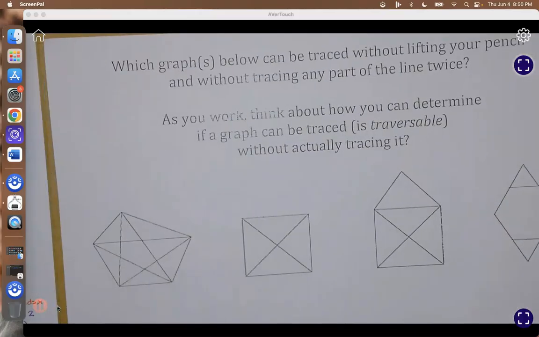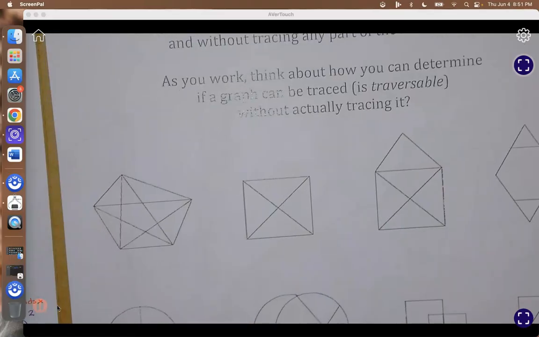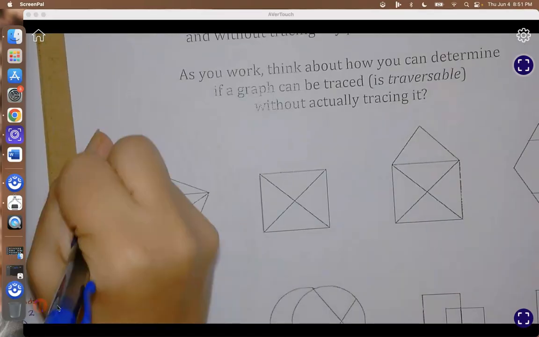Which graphs below can be traced without lifting your pencil and without tracing any part of the line twice? That's one of those mind games that we told you about. Remember, I told you we can count the vertices, and then we can determine if it's traversable or can be traced. Remember, 0 or 2 odd vertices. So I'm going to go through here and label all my vertices with A, B, C, and D, for all of my shapes.